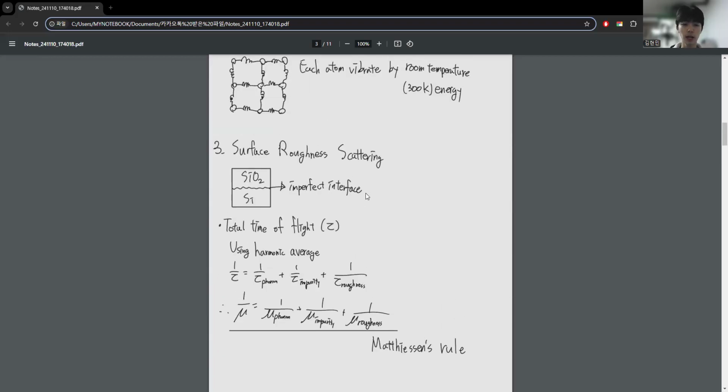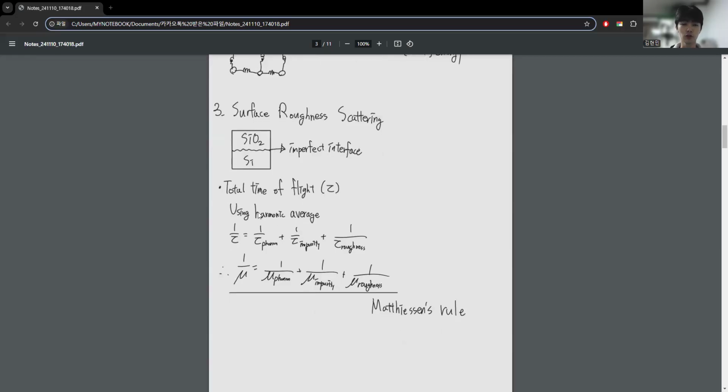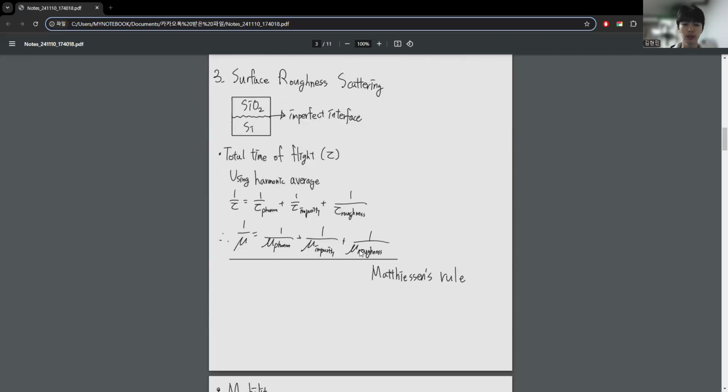So the total time of flight, tau, the mean free time, uses a harmonic average: 1 over tau equals 1 over tau phonon plus 1 over tau impurity plus 1 over tau roughness.